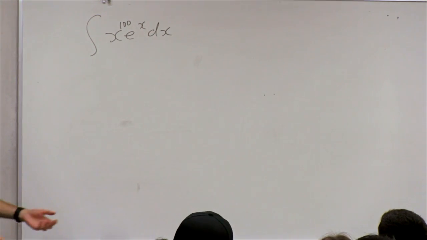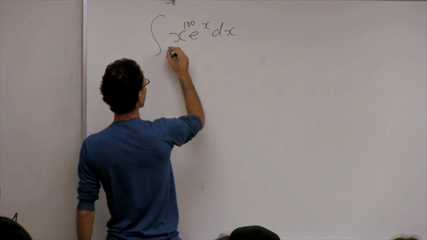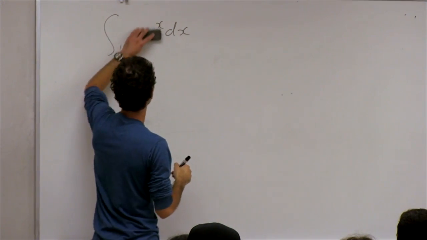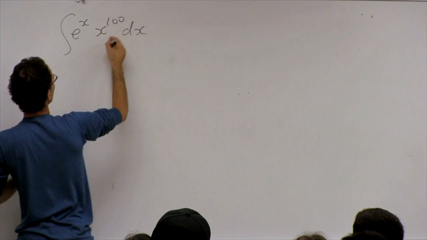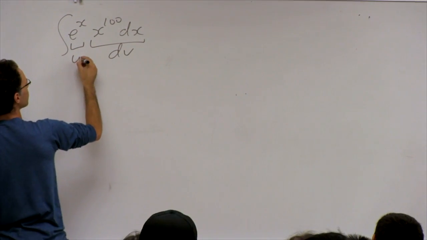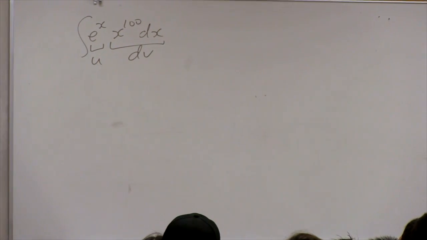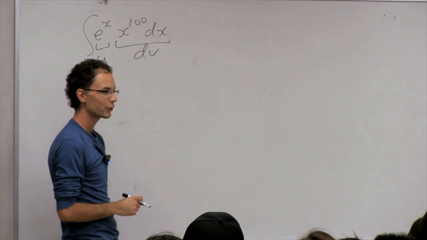And we could choose different functions, f and g, or u and v, as I put it. For instance, let me rewrite this. Let's switch the order: e to the x times x to the 100. Why don't we try this being dv and this being u? Maybe this can solve it for us. It goes up a power.